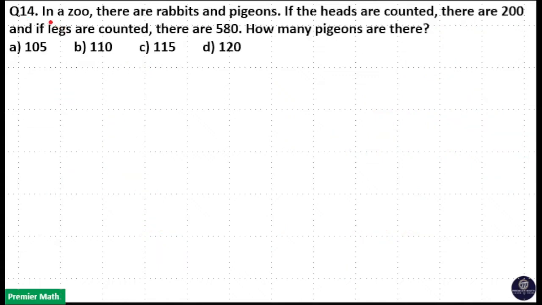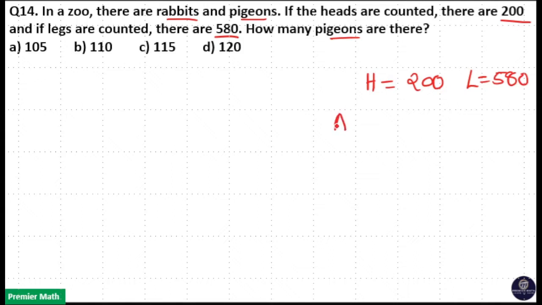Next is, in a zoo, there are rabbits and pigeons. If the heads are counted, there are 200 and if legs are counted, there are 580. How many pigeons are there? So, in a zoo, total number of heads is equal to 200 and total number of legs is equal to 580.